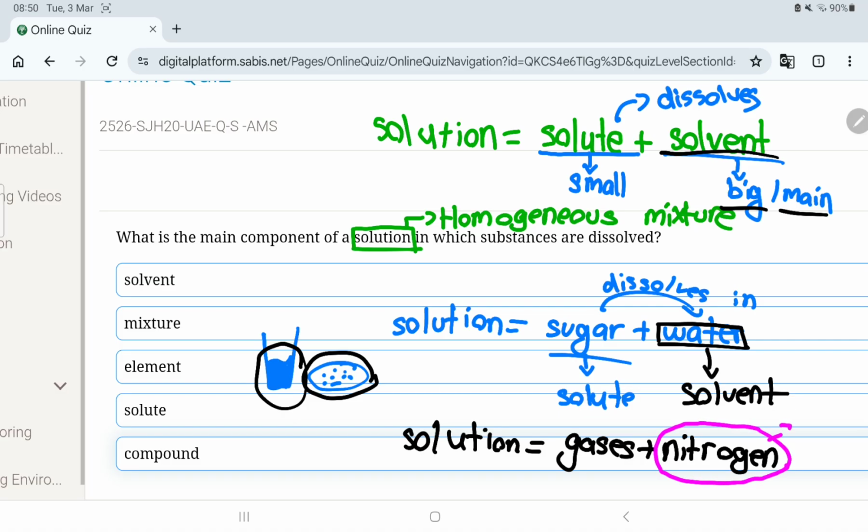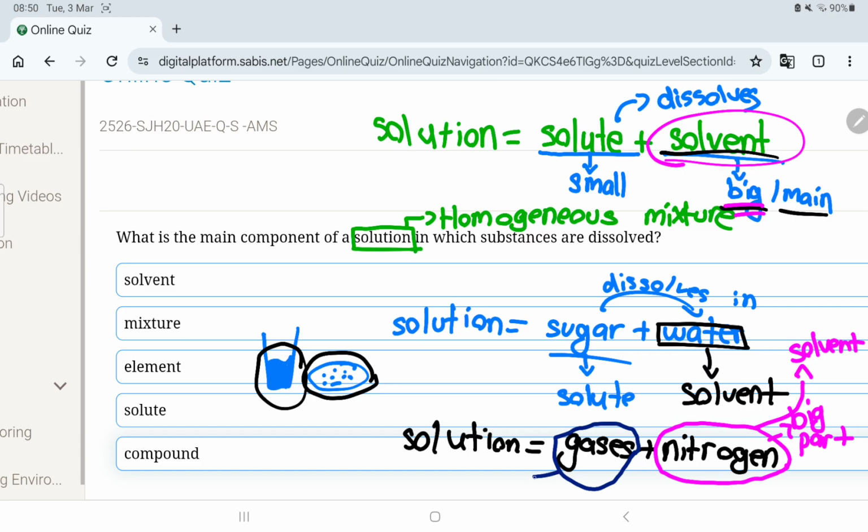So this is why nitrogen is the big part, and the big part is the solvent. Now what is the small part that dissolves in the atmosphere? The other gases. Carbon dioxide, oxygen gas. Those all are the solutes. This is why nitrogen is a solvent.